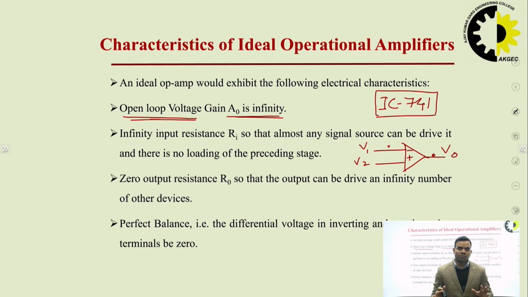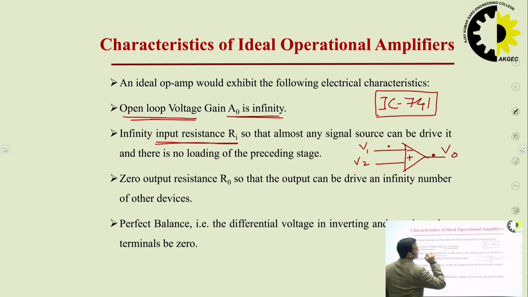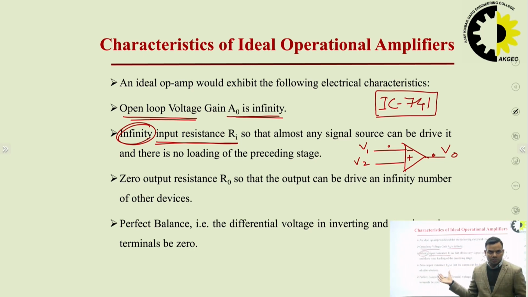We will see that gain is infinite in case of ideal operational amplifier. Second parameter is input resistance. Input resistance will also be infinite. For practical amplifier, these parameters, open loop voltage gain and input resistance, will have very high value, but ideally these are infinite.